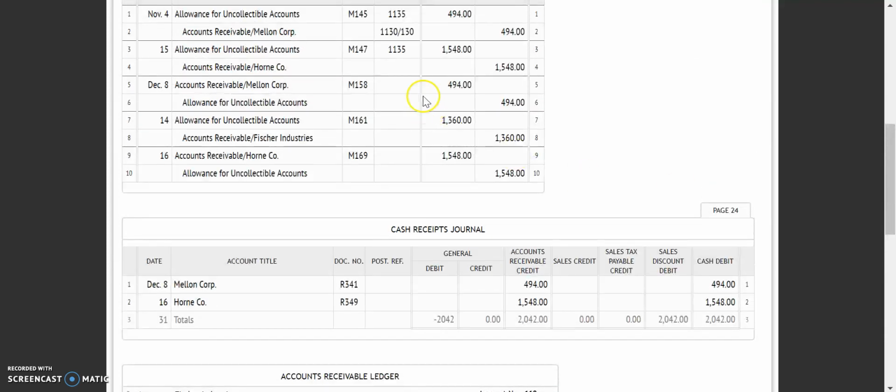And again, we come up and put our account number. Oops, make sure you're getting it in the right line, unlike me. Then we have to remember that this is also going to Horn Company.